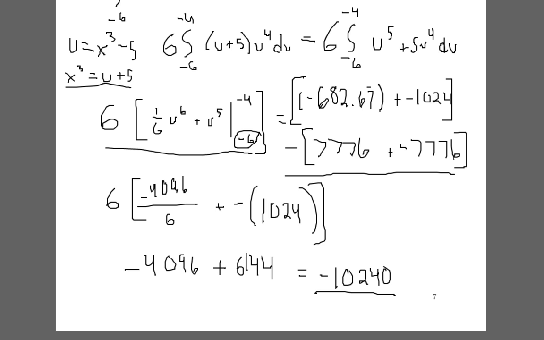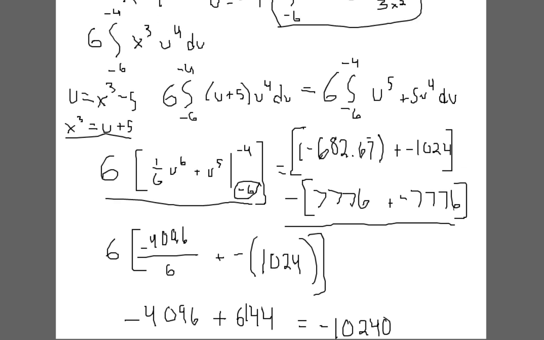Let's see. 5u to the 4th. So I didn't evaluate anything to the 4th power. So when I do the antiderivative here, I get 1/6 u to the 6th plus u to the 5th. So whenever I evaluate u to the 6th, since 6 is even, it should give me a positive number.